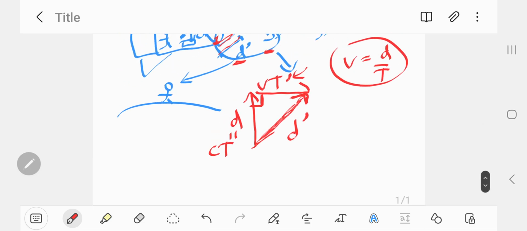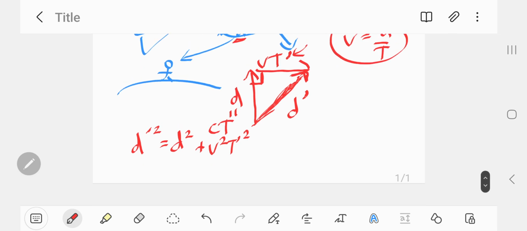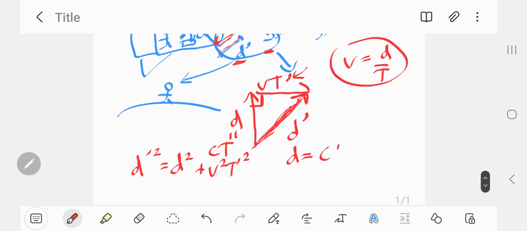And it's just a matter of using simple Pythagoras, where this is the hypotenuse here. So D dashed squared is equal to D squared plus V squared T dashed squared. Now we know that D is CT, and we also know that D dashed is CT dashed. Let's plug these in.